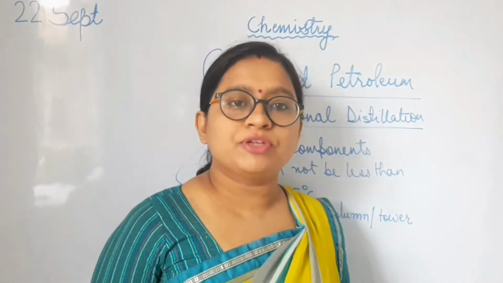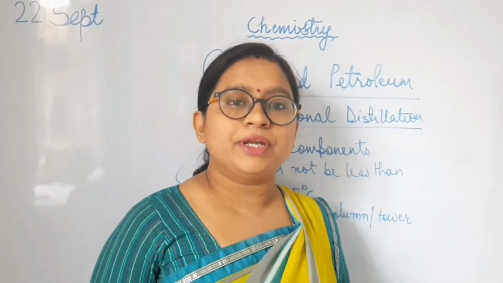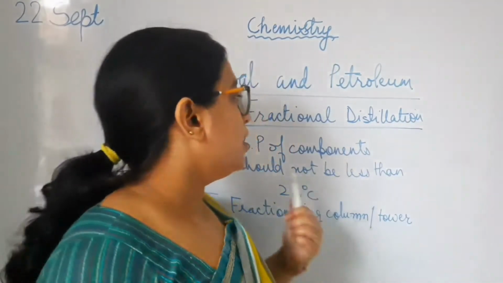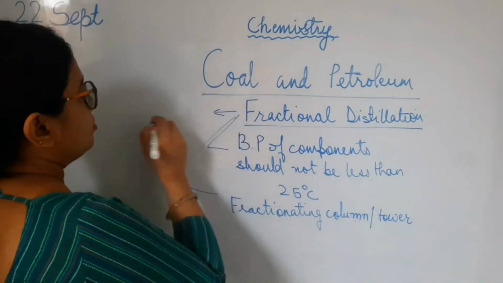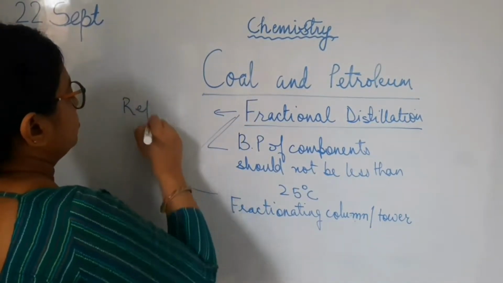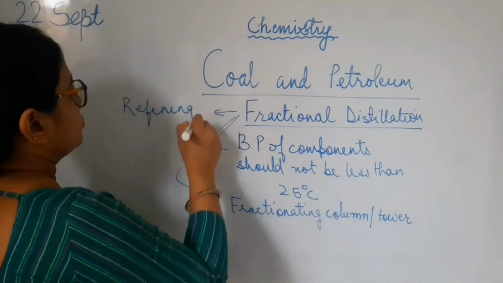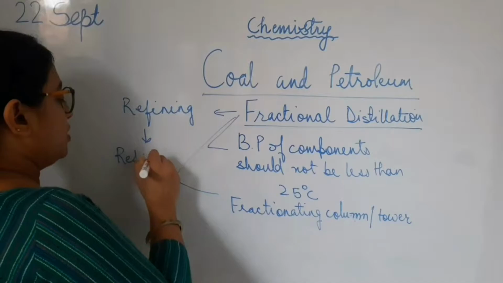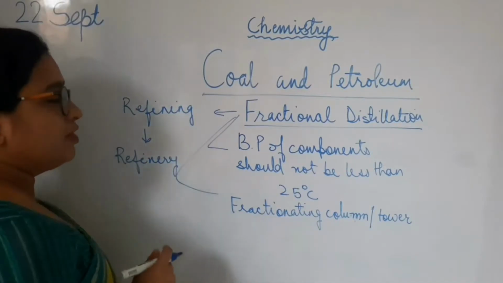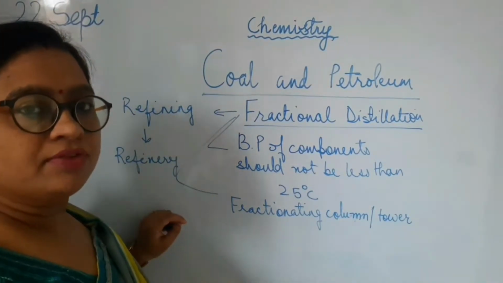So there are lots of things mixed into it. It needs to be separated by the process called fractional distillation, and the same process in general terms is called refining. And it is done in a refinery. So the oil drills are connected to the refineries in which the petroleum is refined.